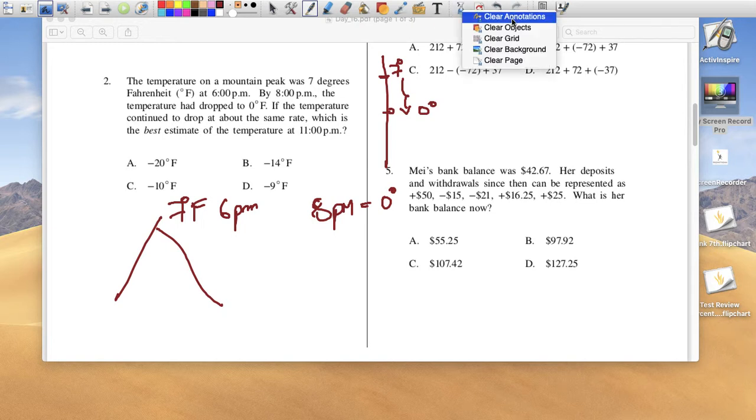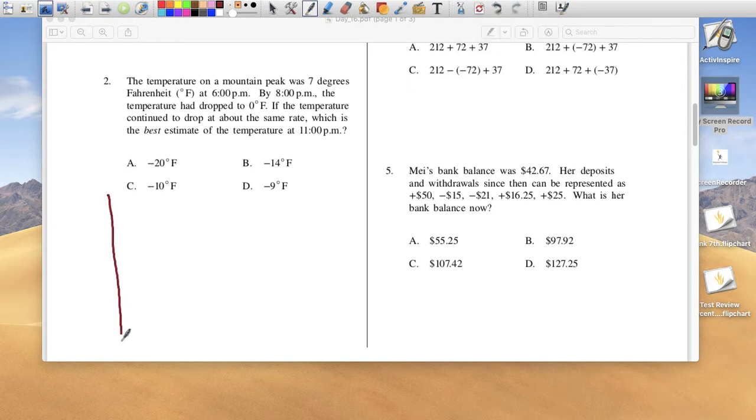Let me see if I can draw this a different way. So here you go. This is the temperature right now, 7 degrees at 6 p.m. And then at 8 p.m., the temperature is 0 degrees. So in a span of 2 hours, it dropped 7 degrees, right?